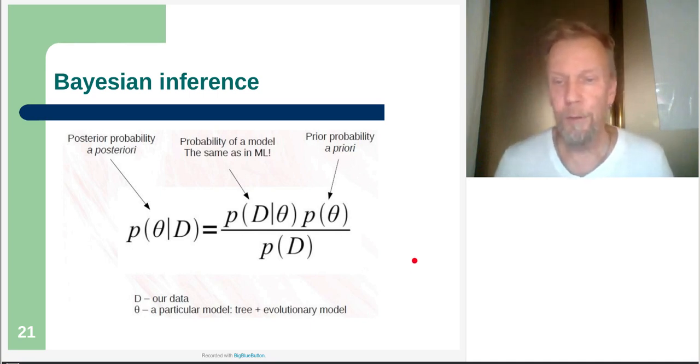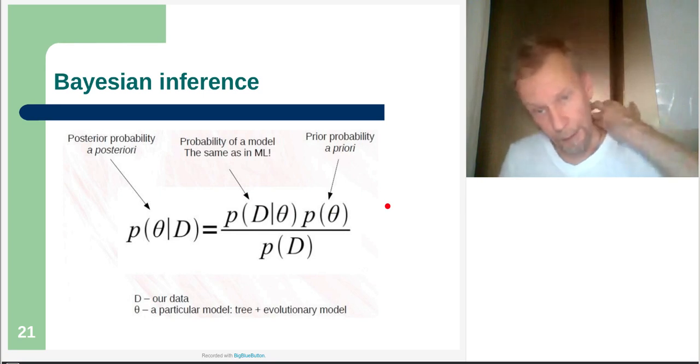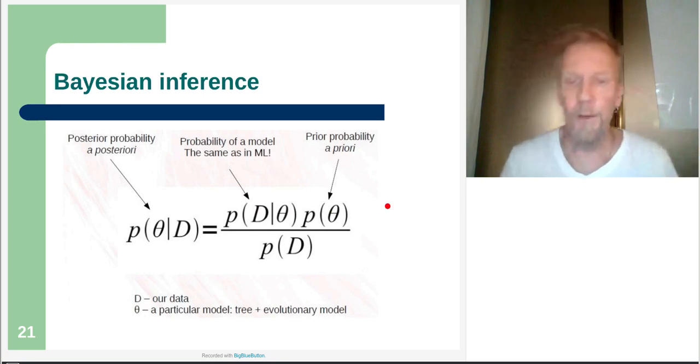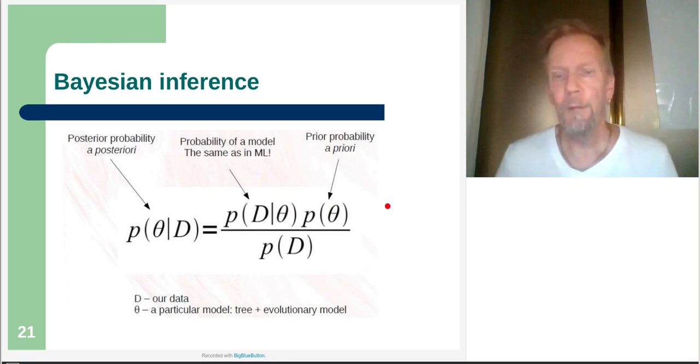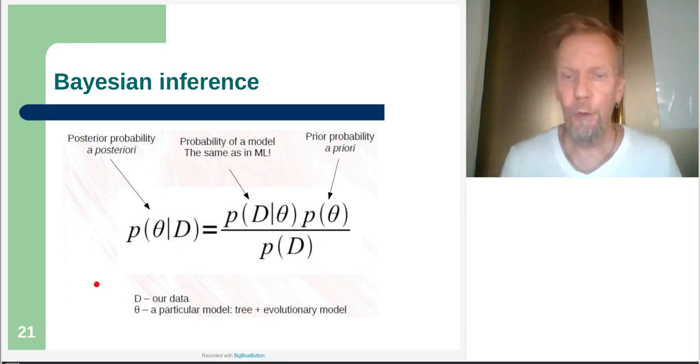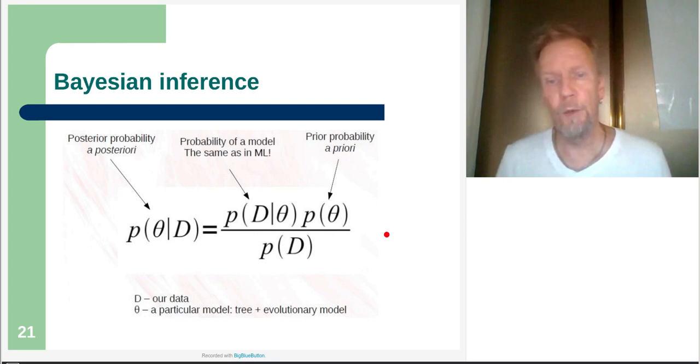So all these parameters and the tree are incorporated in the theta, and this looks kind of deceptively simple, but this is what you get, and with that something you try to optimize.